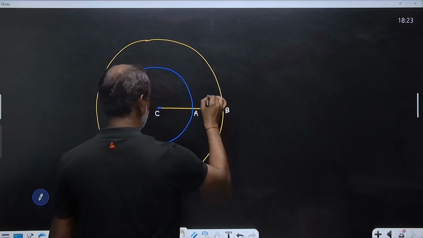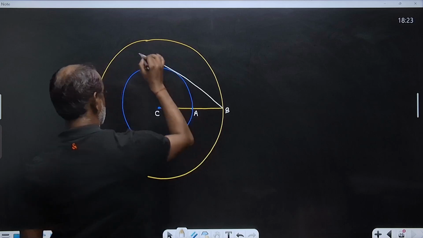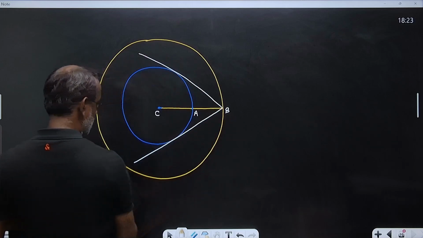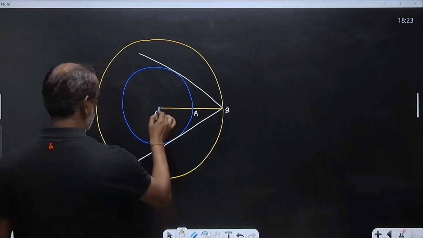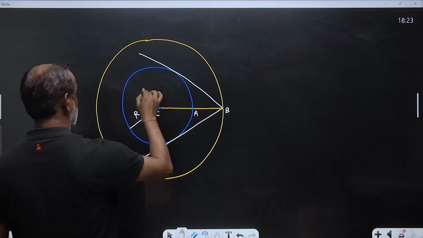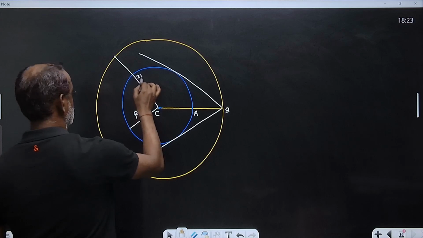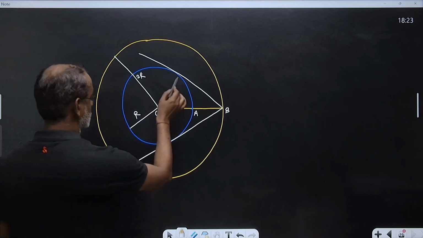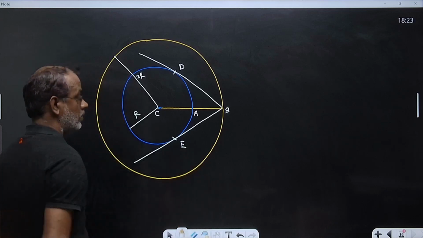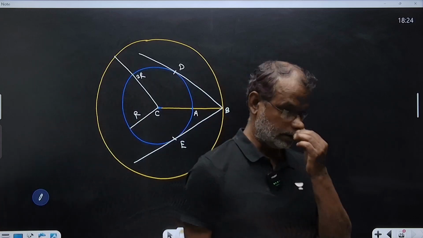From B, draw tangents. What we are saying is that this circle has radius r, this circle has radius 2r. From B, you draw two tangents touching at D and E. Fine.